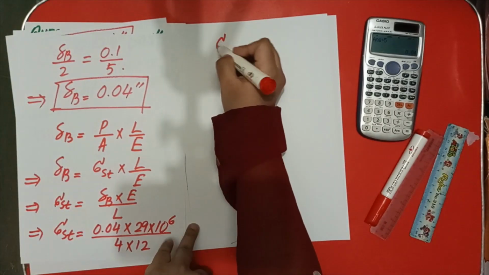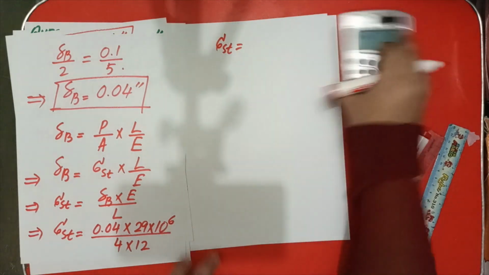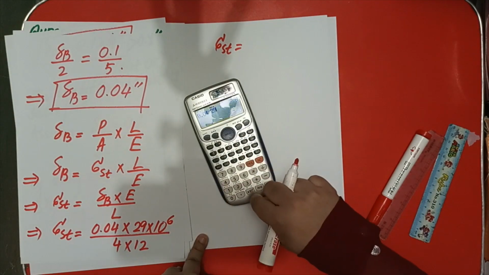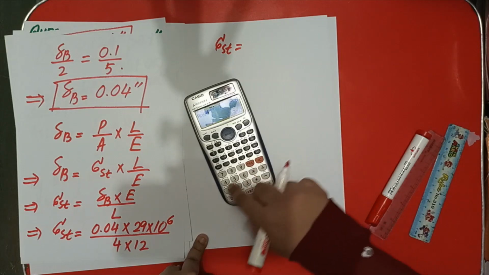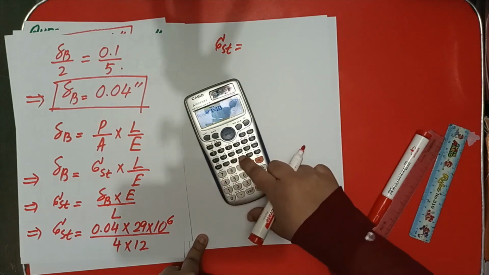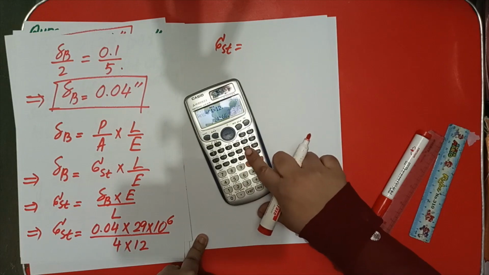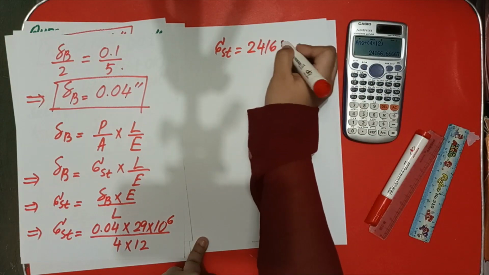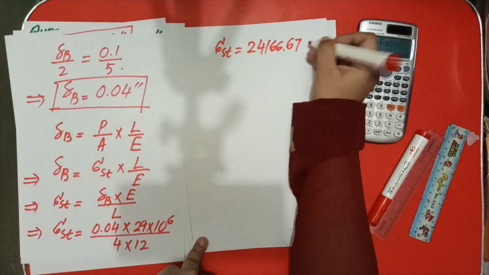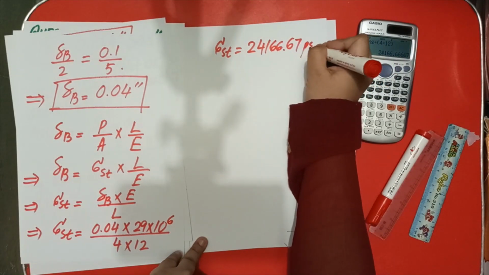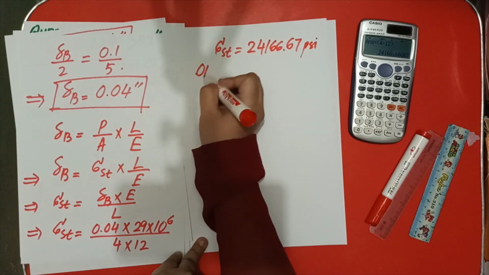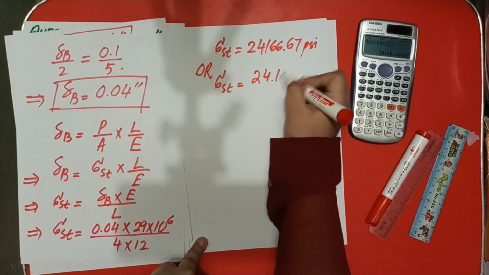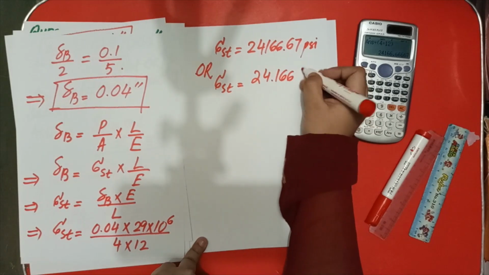So stress comes out to be 0.04 into 29 exponent 6 divided by 4 into 12. So this is 24166.67 pounds per square inch. So it is PSI. You can also write it as 24.166 KSI.